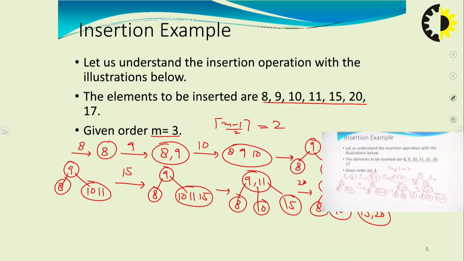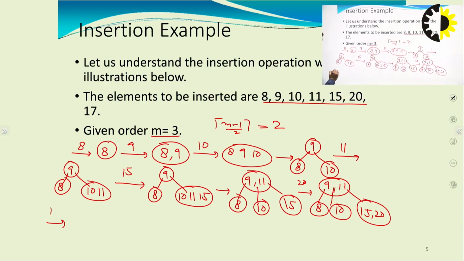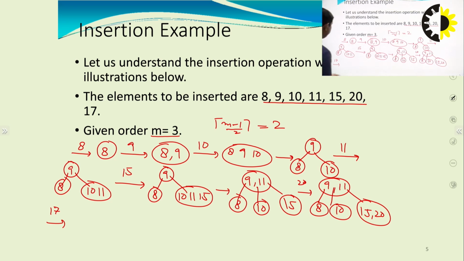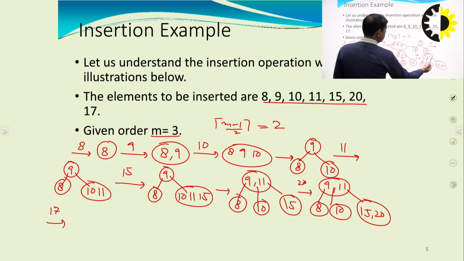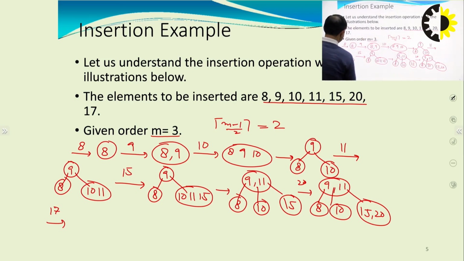Now the next value that we have to insert is 17. We will compare 17 with the root values. 17 is greater than 11, then it will be after 15 and before 20, just like this. So that is 9, 11.